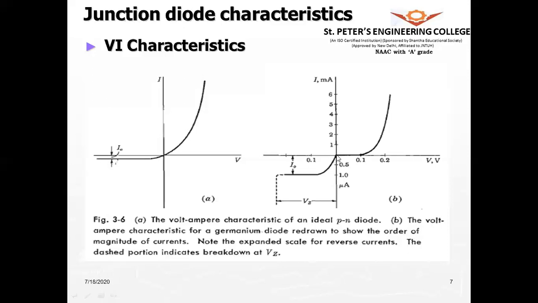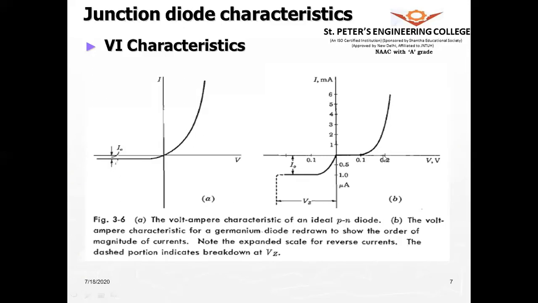So we see that the current does not increase instantly at zero. As we vary the voltage across the diode up to some point, the current does not flow, or current is almost zero, and beyond that point the current goes on increasing, but the voltage is very small, or the voltage remains approximately constant.